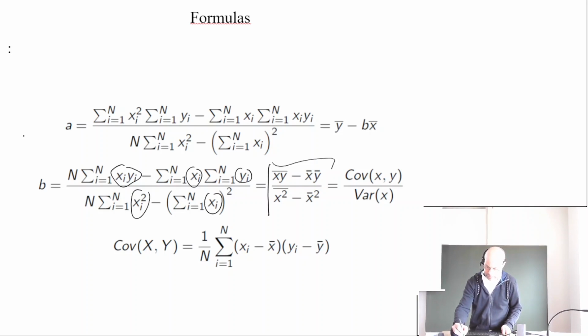Well, the easiest way to remember this is, I think, via this formula. But of course, in the exam, at the end of this lecture, you can use some sheet of paper where you have written down these formulas.